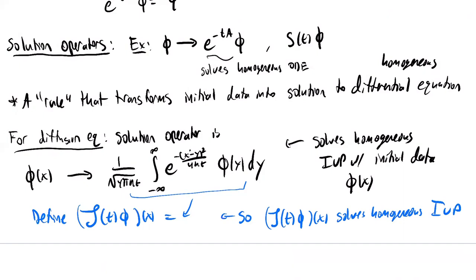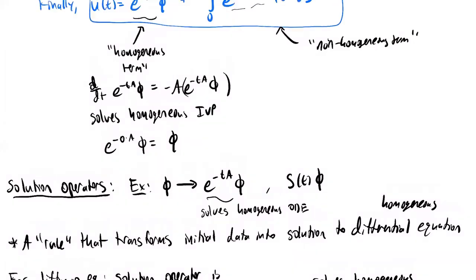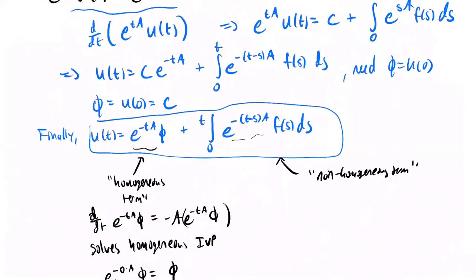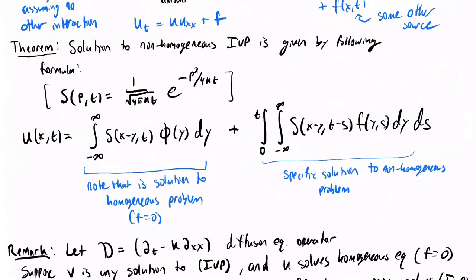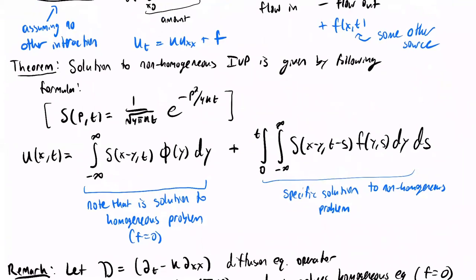And so let's go back to the theorem that we're trying to prove. If I look at the theorem, I have the solution operator in the first term, which is the homogeneous term, but I also have the solution operator in the second term.